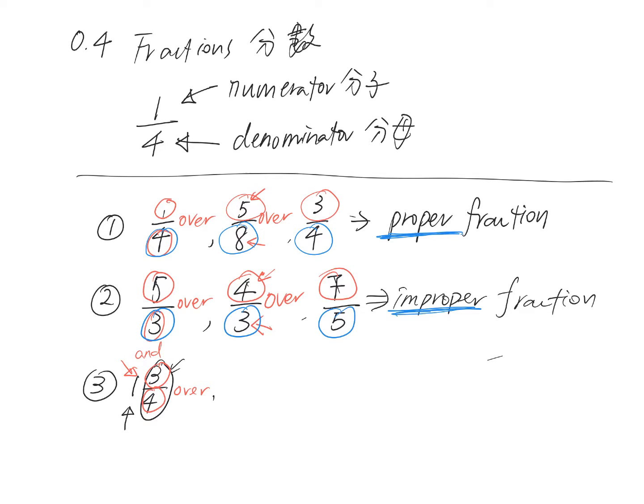Let's give another example. How could you pronounce this friction now? We will say that this is a 2 and 2 over 3. One more example.